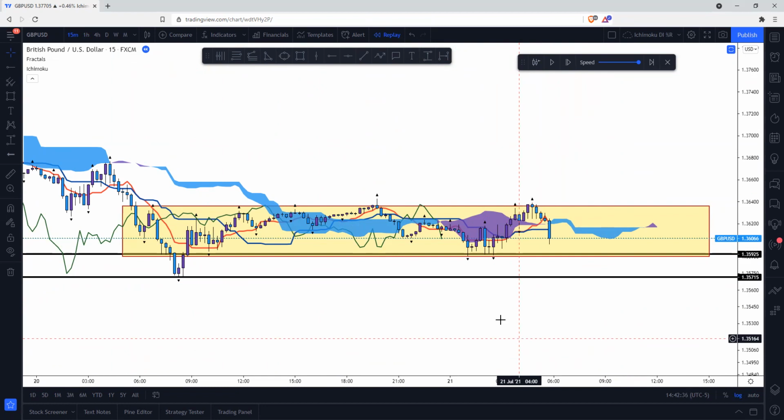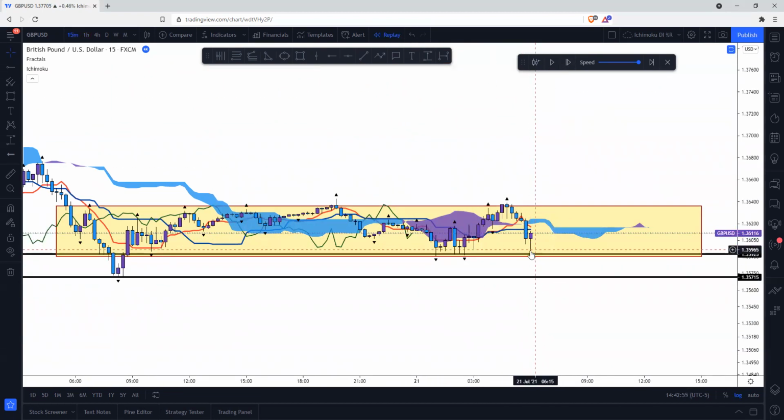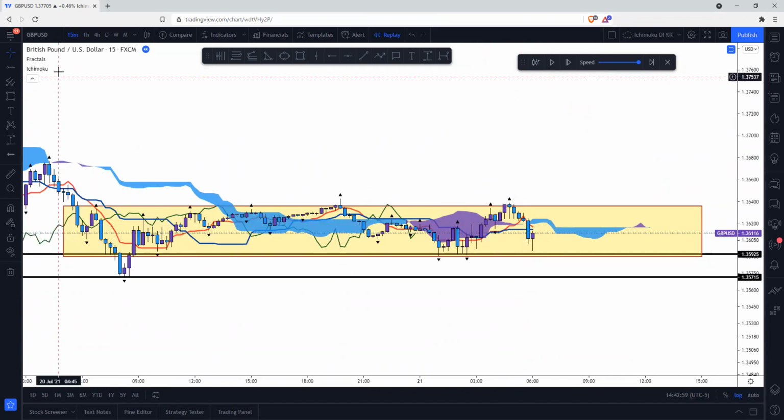What we're seeing here, we really want to break out outside of this Kumo, but this is looking bearish for us, so we don't want to take this just yet on the 15-minute time frame, because this is saying this is going to go down. But let's see. So it did go down and it made price action here. Now that we have price action here, let's take this off.